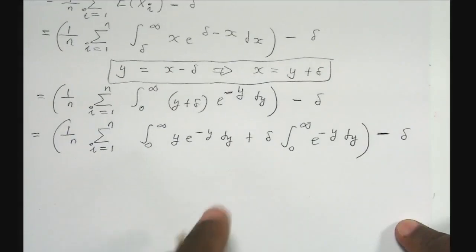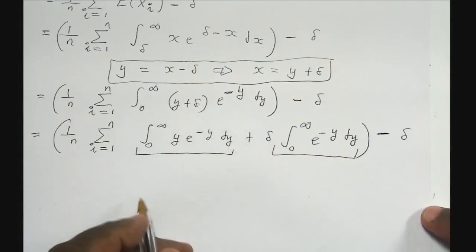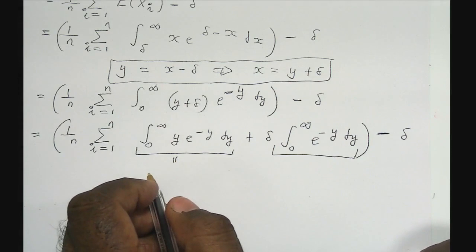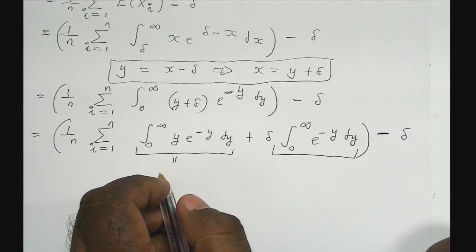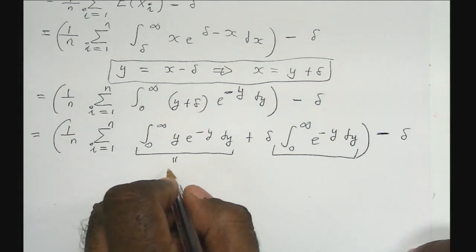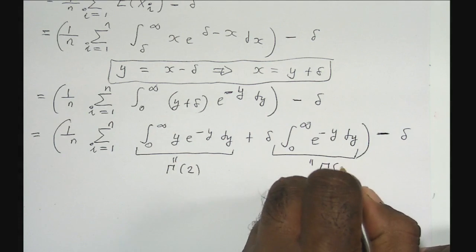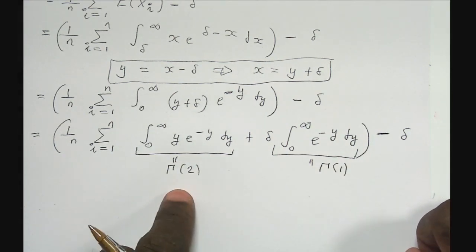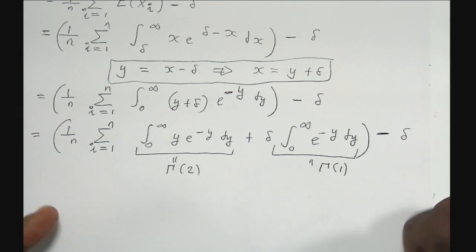Now, these two integrals should be familiar to you guys. You remember I talked about the gamma function two or three weeks ago in the class. So this is gamma at 2, and this is gamma at 1. Gamma of 2 is 1 factorial, which is 1. Gamma of 1 is 0 factorial, which is 1.